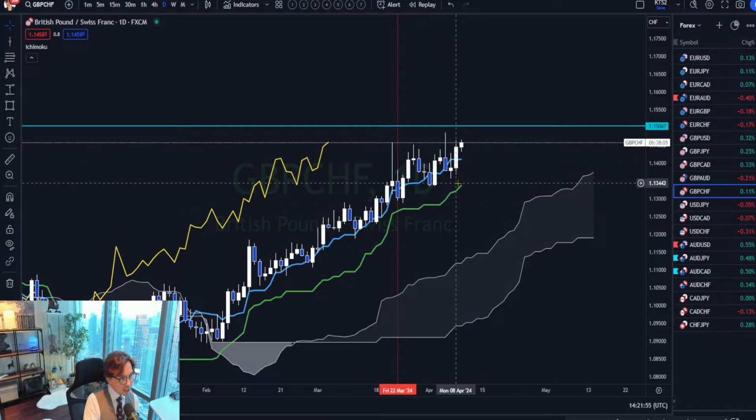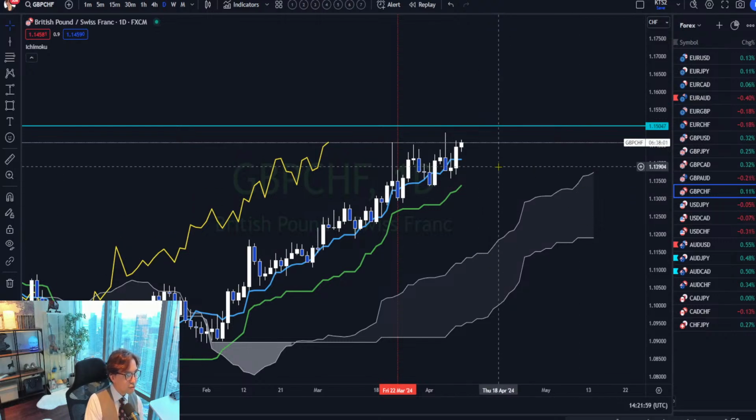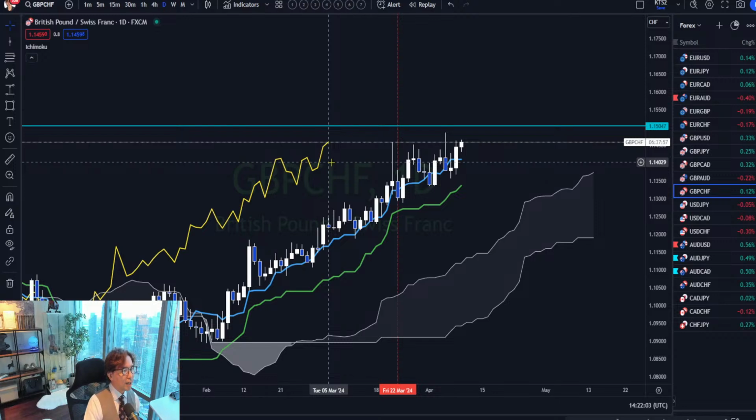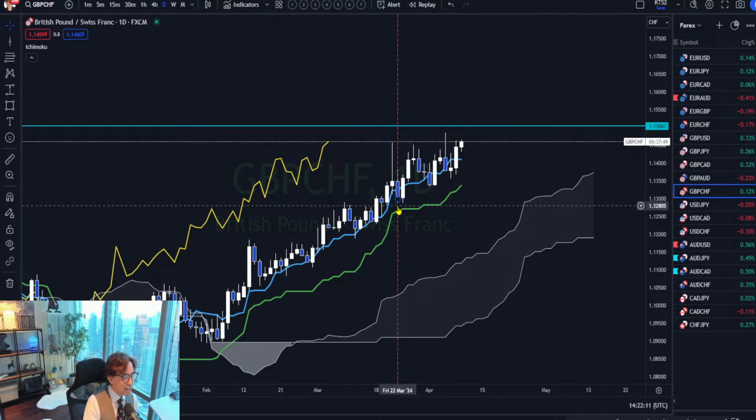However, it's still above the Kijun-sen, so in that sense it's still bullish, above the Kumo, above the Kijun-sen, and Chikou span above candle. So it's still bullish, but the buying pressure is getting weaker. That's something that you can tell by this Tenkan-sen breakout ever since the 22nd of March. So it's bullish, but the buyers may not follow in that sense.